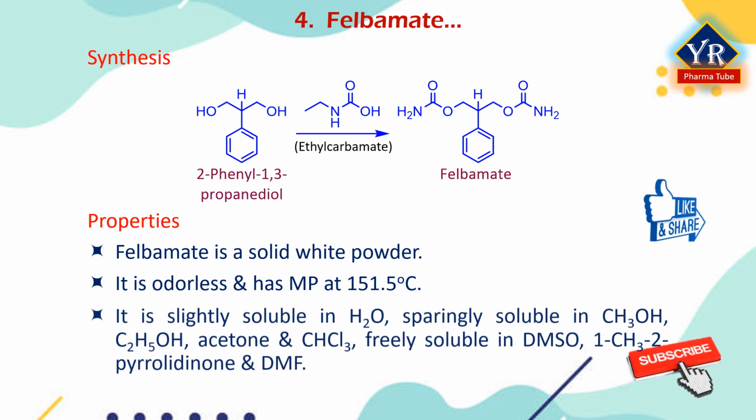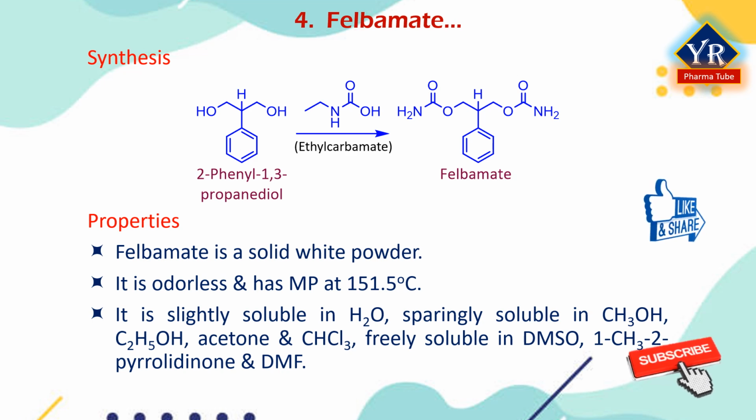It is slightly soluble in water, sparingly soluble in methanol, ethanol, acetone, and chloroform, freely soluble in dimethyl sulfoxide, 1-methyl-2-pyrrolidinone, and dimethylformamide. When heated to decomposition, it emits toxic vapors of nitrogen oxides.